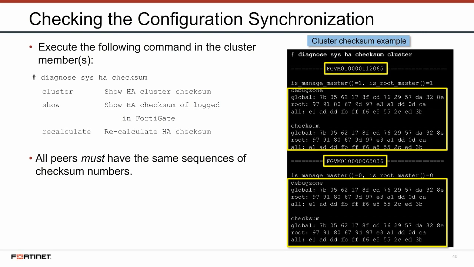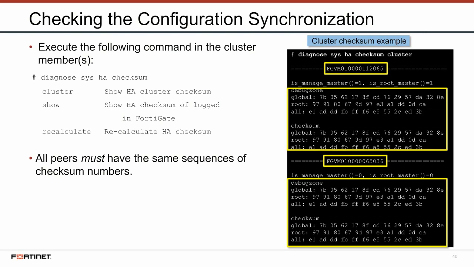If a secondary FortiGate displays exactly the same sequence of numbers as the primary, its configuration is well synchronized with the primary FortiGate in the cluster. In this example, the diagnose sys HA checksum cluster command is executed to view the checksums of all cluster members.